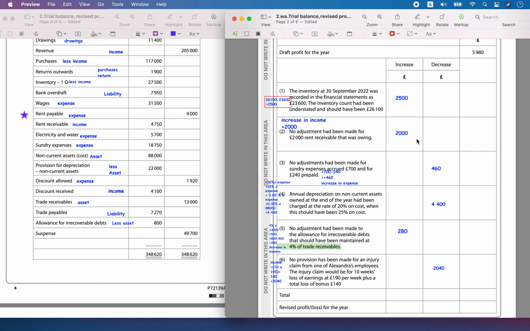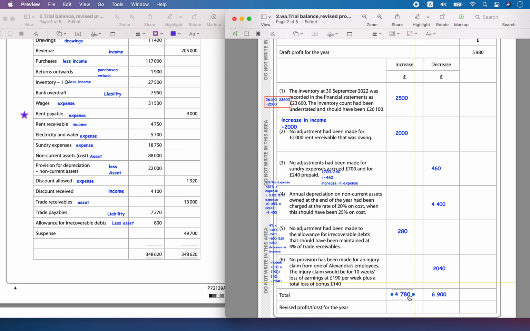Now let's adjust the profit. Let's add up on both sides. 2,500 plus 2,000 plus 280, when you add up, is equal to 4,780. Then let's add up on this side: 460 plus 4,400 plus 2,040, which is equal to 6,900.